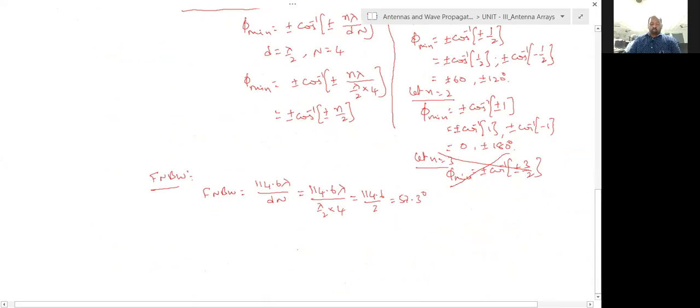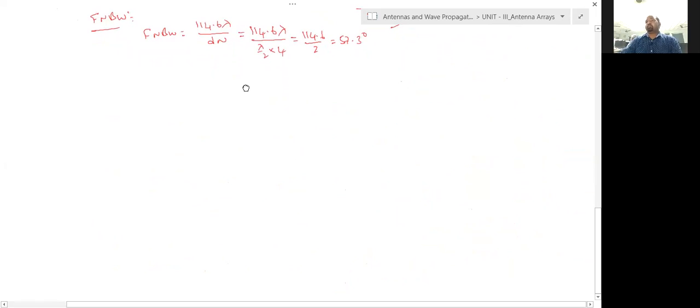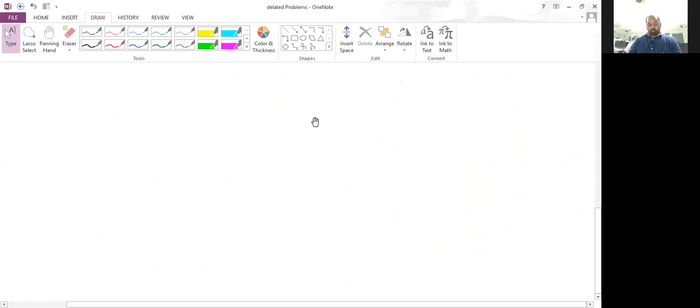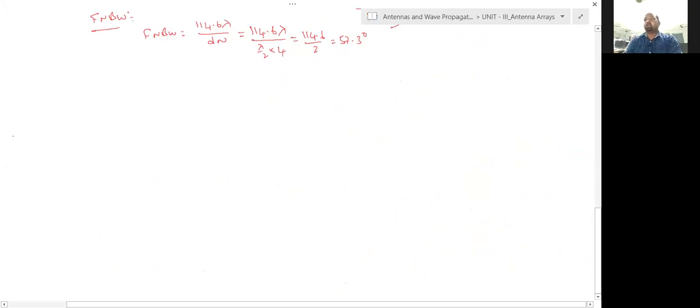And now the last step is to draw the radiation pattern. Let me summarize the values we got. Maximum directions of the major lobe: 90 degrees and 270 degrees.